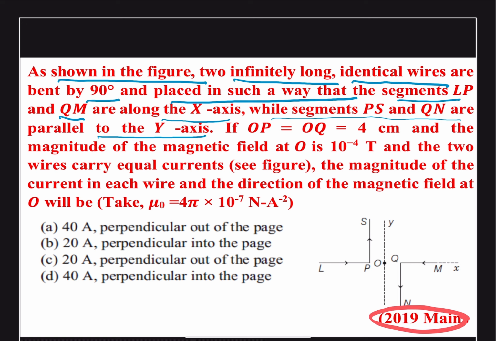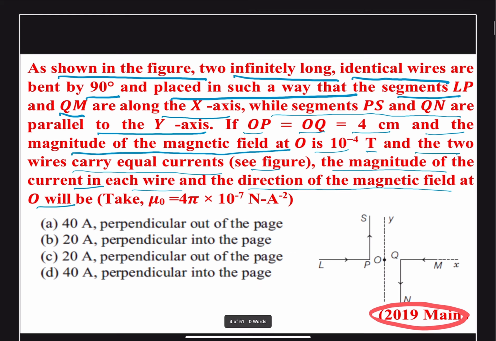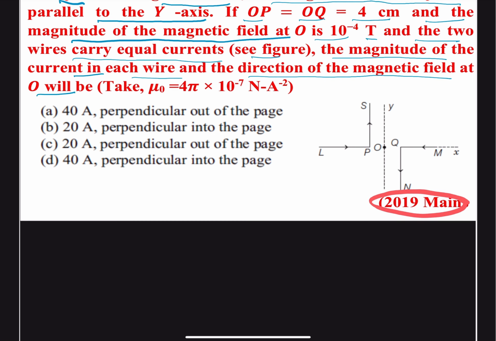If OP and OQ are 4 cm and the magnitude of the magnetic field at O is 10 to the power minus 4 Tesla, and the two wires carry equal currents, see figure, the magnitude of the current in each wire and the direction of magnetic field at O will be, take mu naught as 4 pi into 10 to the power minus 7.